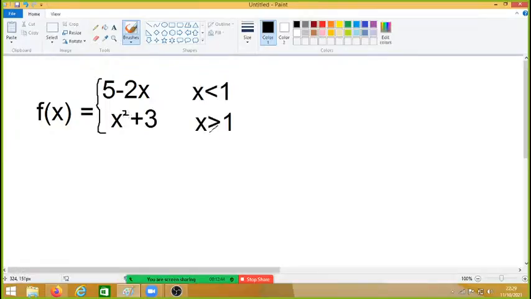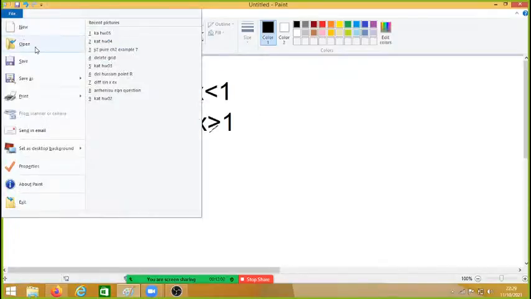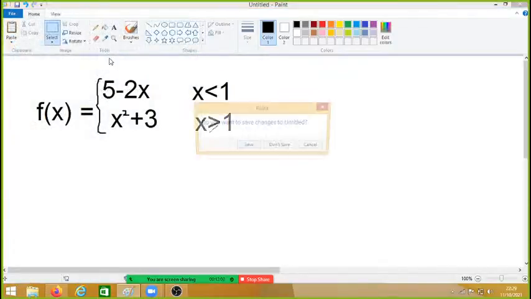And the question is to sketch the graph of this split function. So let's get some graph paper and show you how that's done.